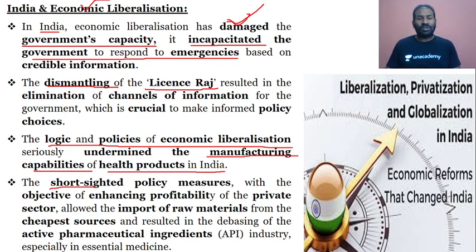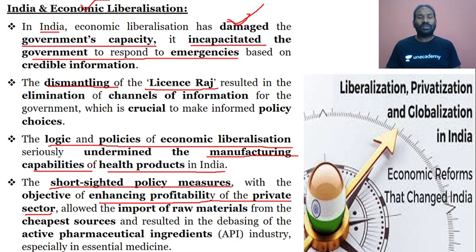And we also have short-sighted policy measures because of economic liberalization. Along with that, the other thing impacting India is the short-sighted policy measures, along with the objective of enhancing the profitability of the private sector.